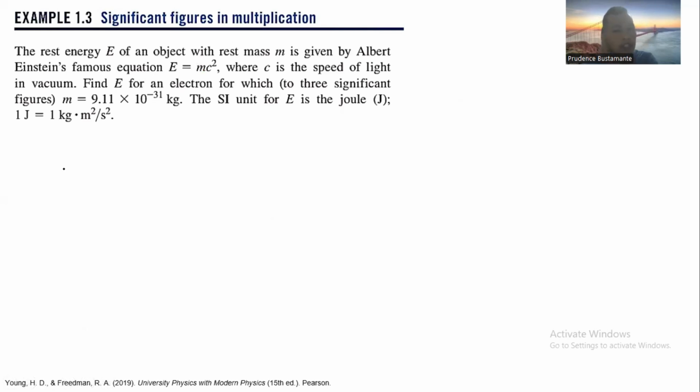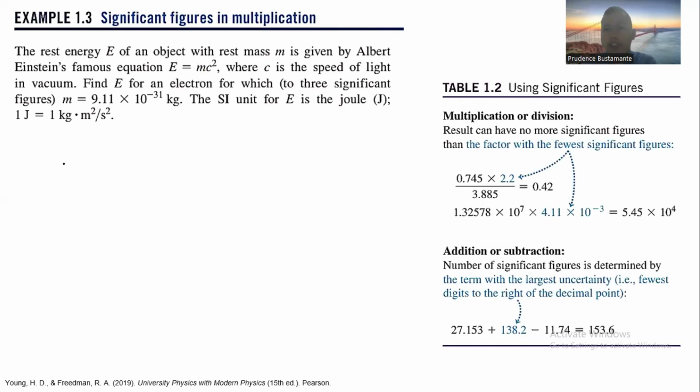Before that, let's have a walkthrough. I got this from the Young and Freedman book, University Physics with Modern Physics, 15th edition. These are the rules on how to determine the correct significant figures of your final answer if you're using significant figures in your calculations.